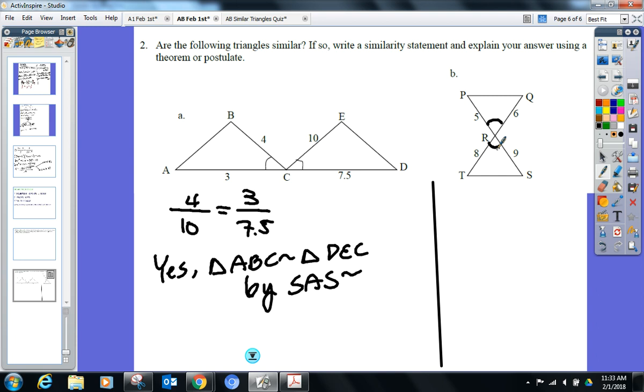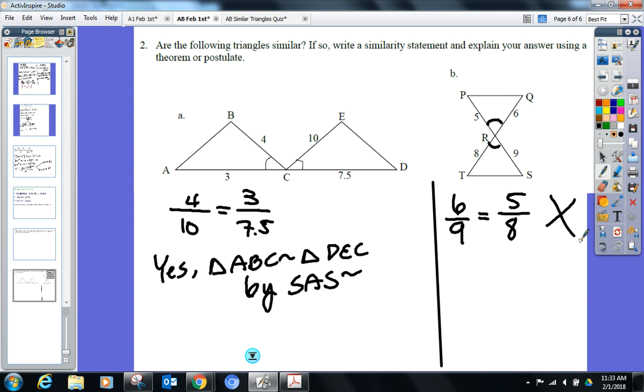Anybody want to come up with a ratio to test? 6 over 9, is that the same ratio as 5 over 8? Is 6 over 9 the same as 5 over 8? No. All right, whoa, hold the phone. All you guys did was just flip it over.